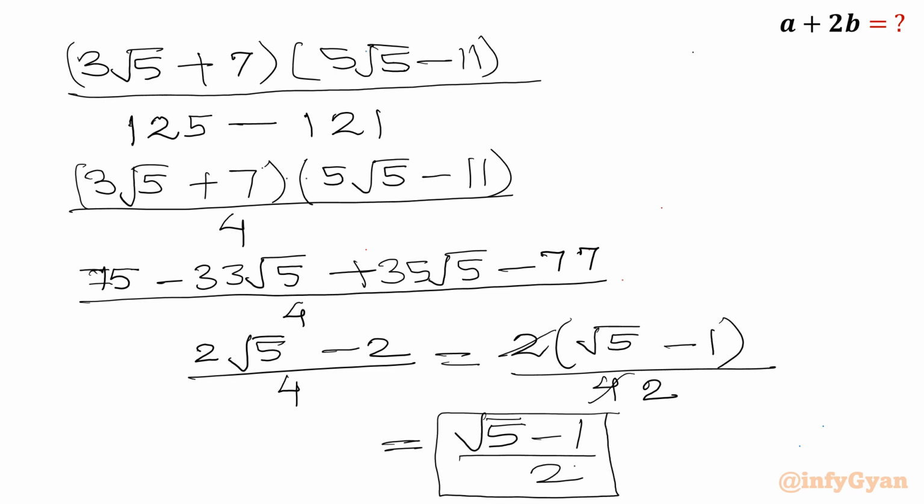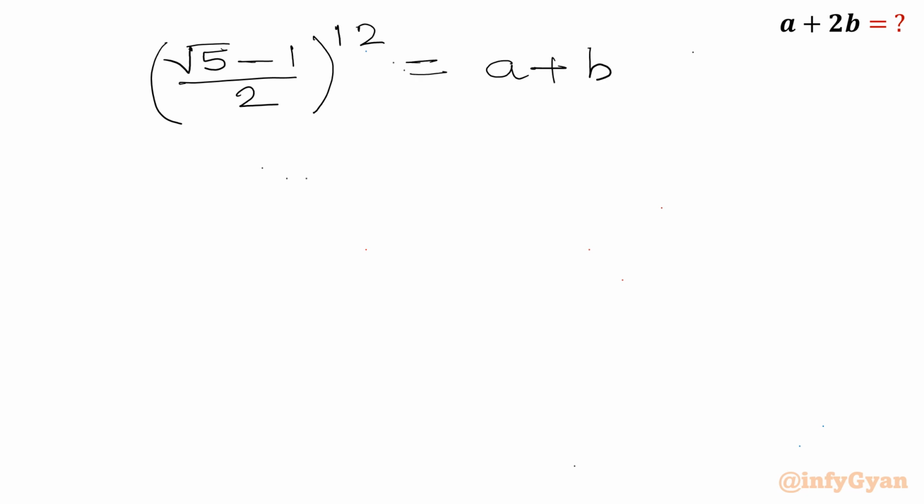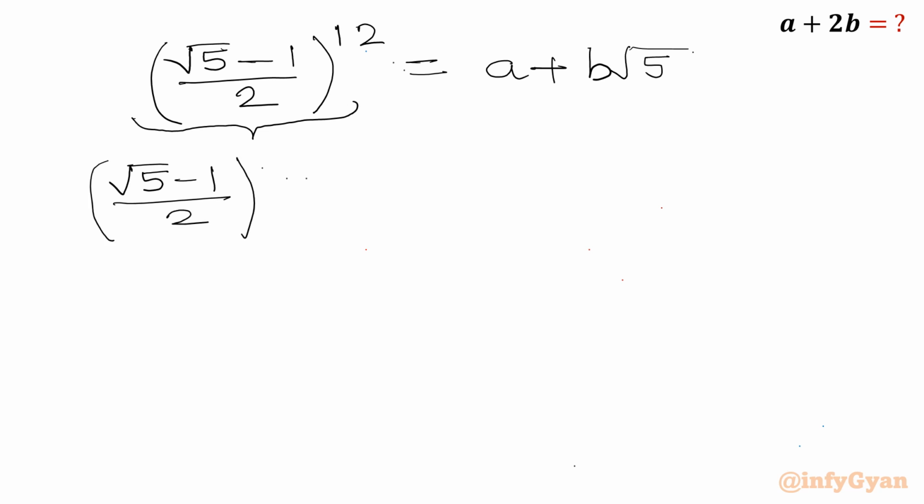Now I will write our problem here with base root 5 minus 1 over 2 whole power 12 equal to a plus b square root 5. Now we have to simplify our LHS. So I can write here root 5 minus 1 over 2 whole power 12, we can write 4 times 3.